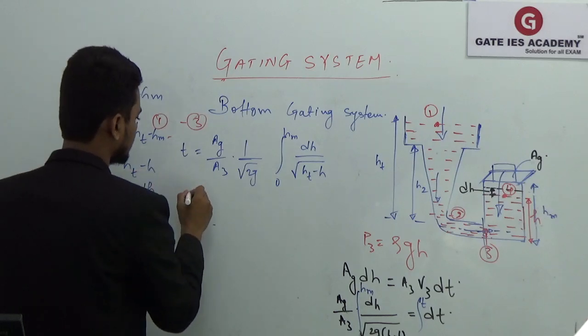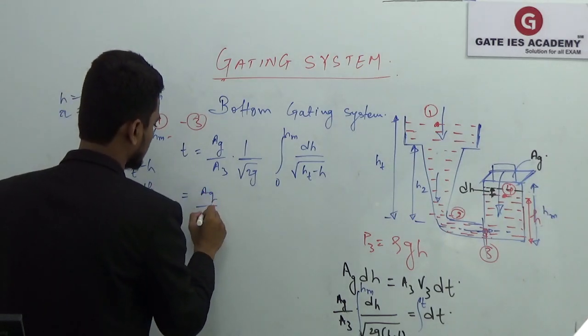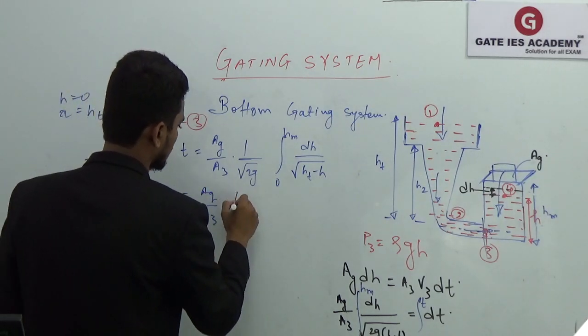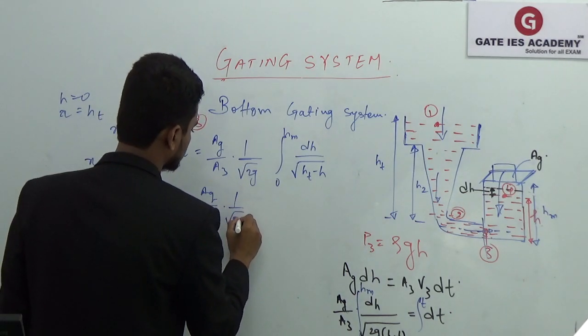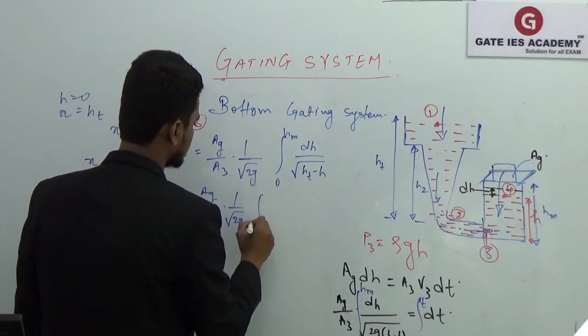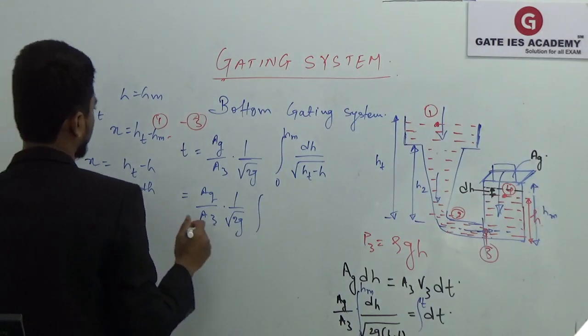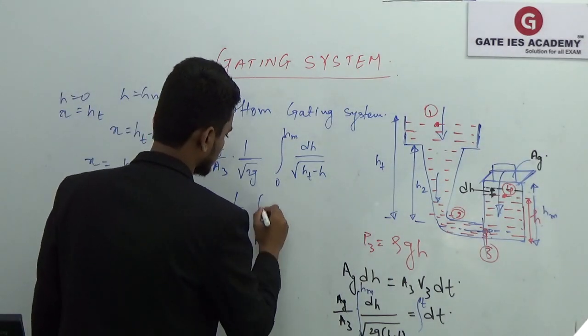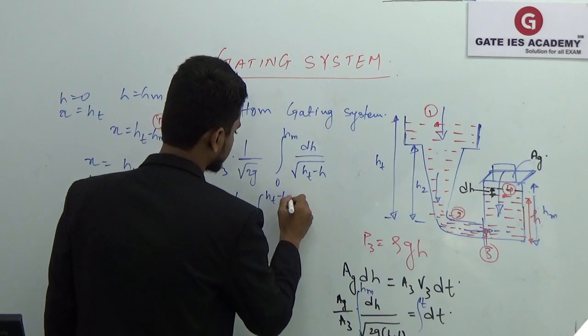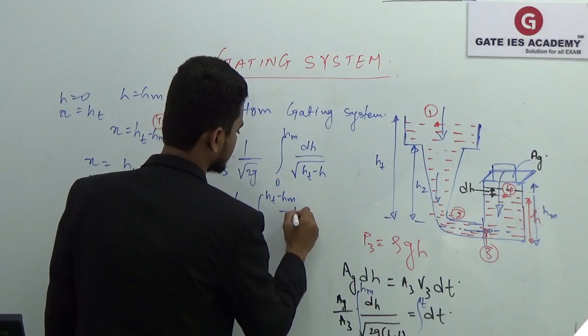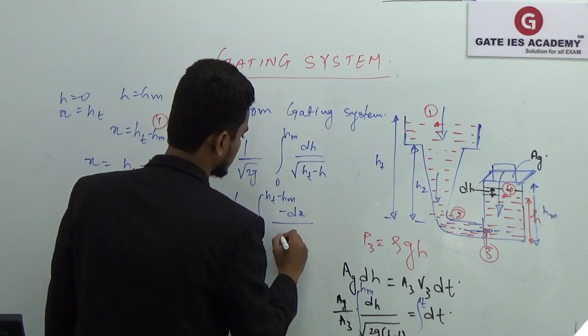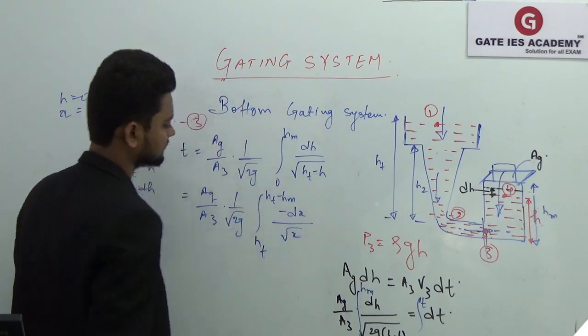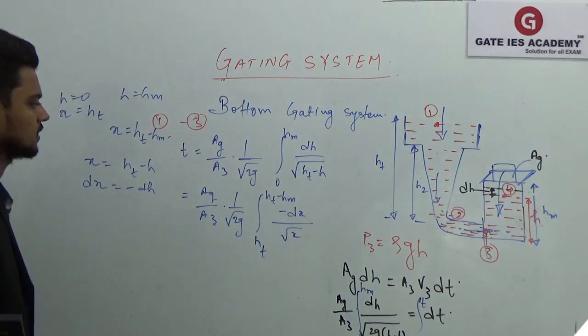So I can write Ag upon A3 into 1 by root over 2g, integration from h_t to h_t minus hm of minus dx upon the square root of x.